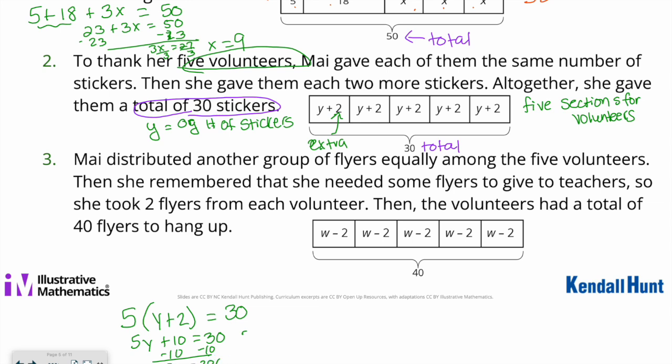Divide by 5, we get y equals 4. Or we could have started by dividing both sides by 5. Since this is a distributive property one, we have y plus 2 equals 6. Subtract 2, we get y equals 4.